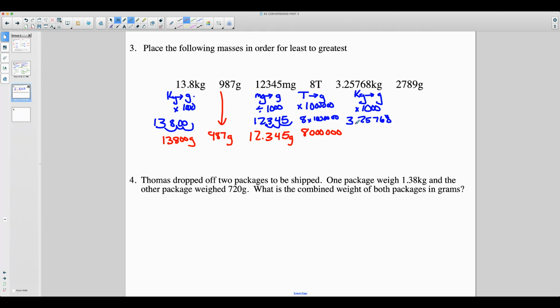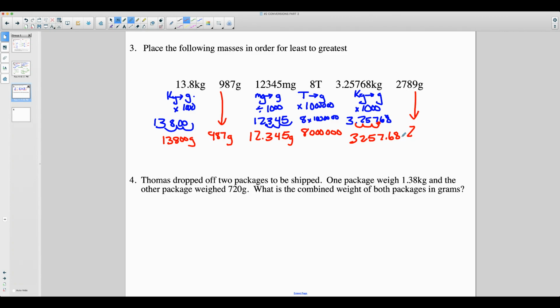And if we move the decimal 1, 2, 3, we now have 3,257 and 68 hundredths.